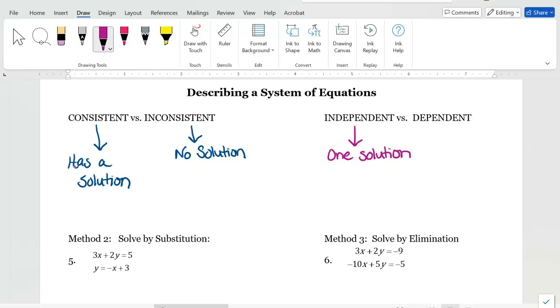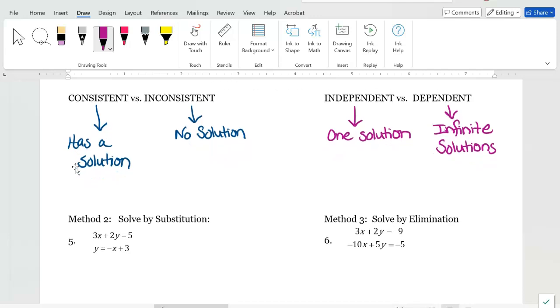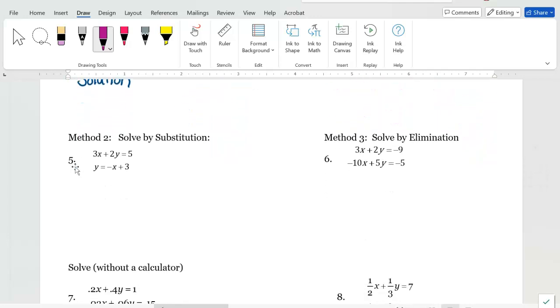A dependent system is when there are an infinite number of solutions. Now, some of you might remember what that means. An infinite number of solutions is when the 2 lines are actually the same thing. They're right on top of each other, and every single solution is a solution.